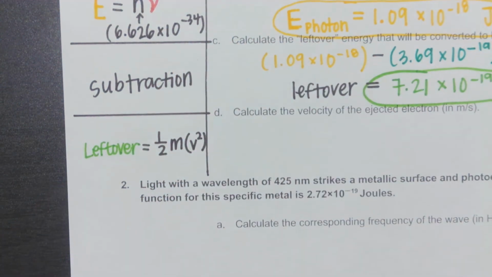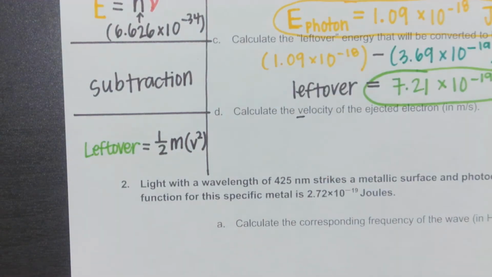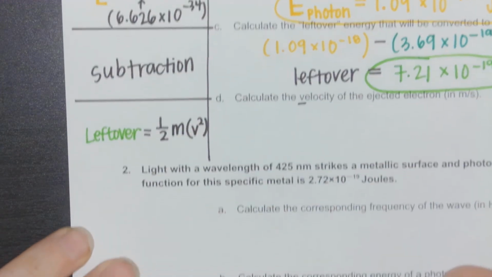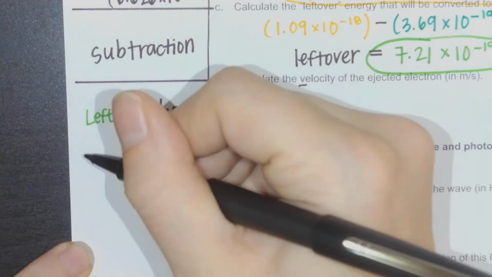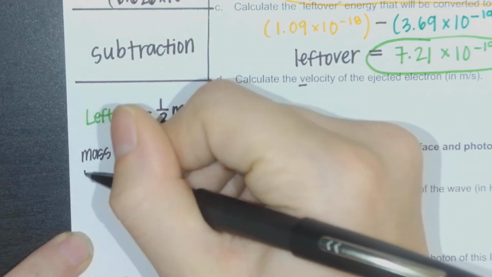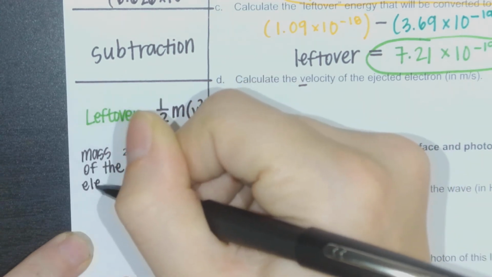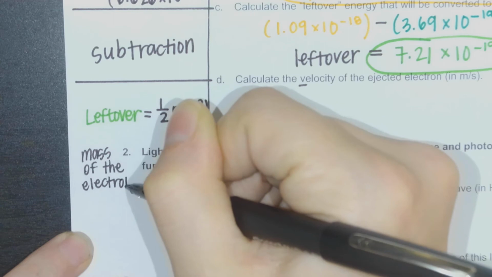Just the v is squared. The v is the velocity, and the m is going to be the mass of the electron. Let me see if I can sneak this in here. M is mass of the electron.